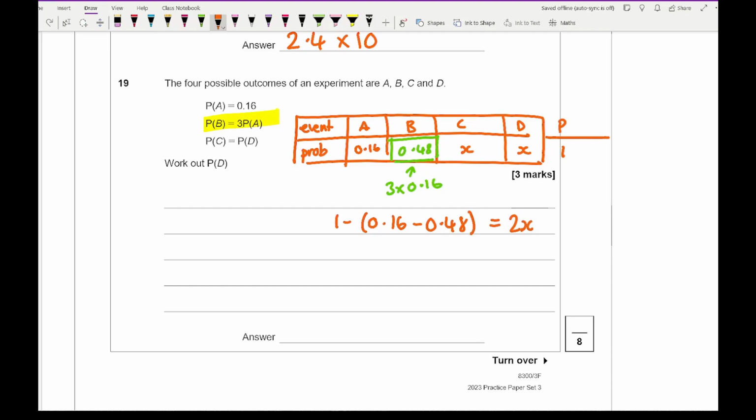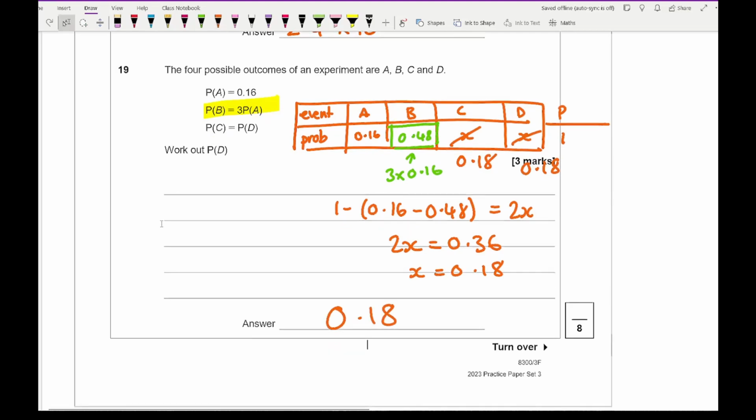So from this, 0.16 plus 0.48, take away from 1, I get 0.36, so 2x equals 0.36. I divide that by 2, and I get 0.18, so this is going to be 0.18, that's going to be 0.18. So what's the probability of D? It's going to be 0.18.